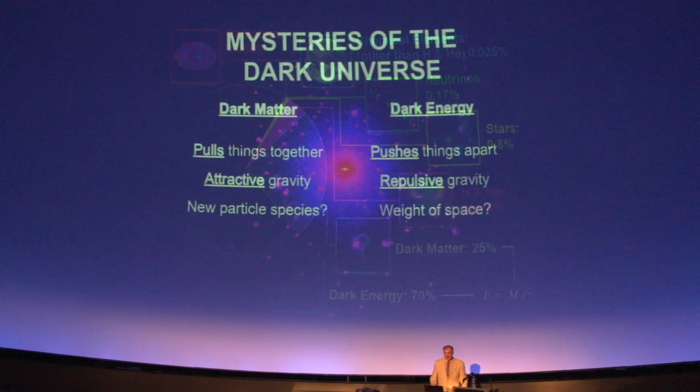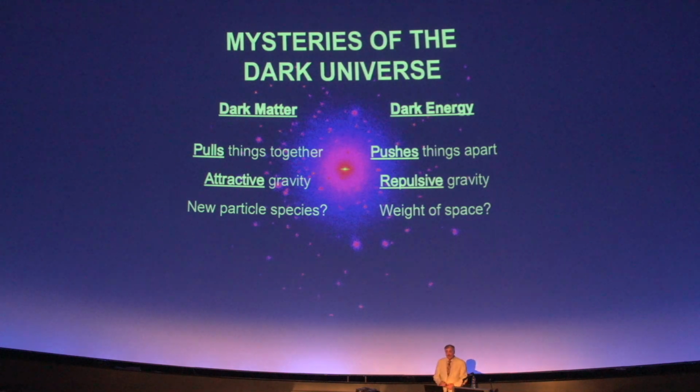And that's the title of the lecture today, Mysteries of the Dark Universe. It's dark matter and dark energy. They seem to be different. Dark matter pulls things together, like you would expect gravity to behave. Dark energy seems to push things apart.